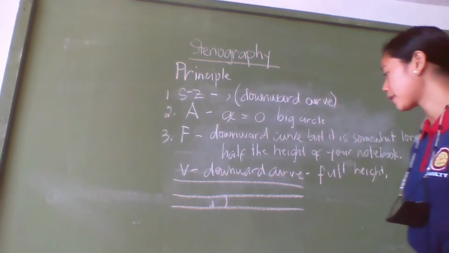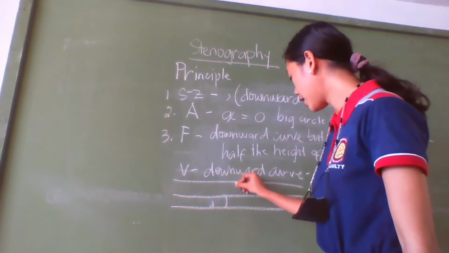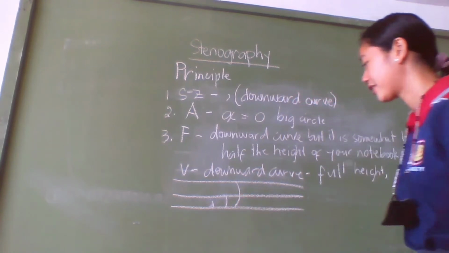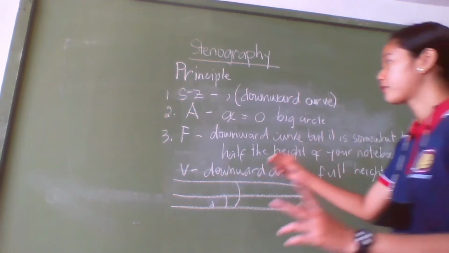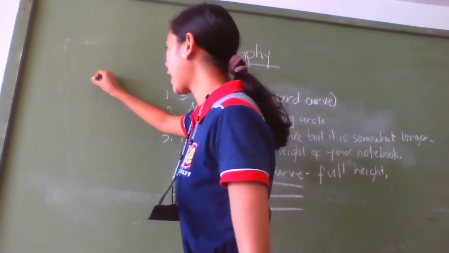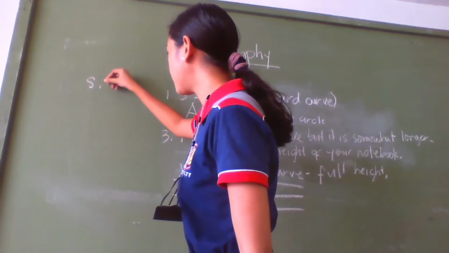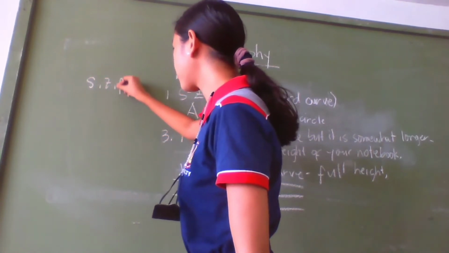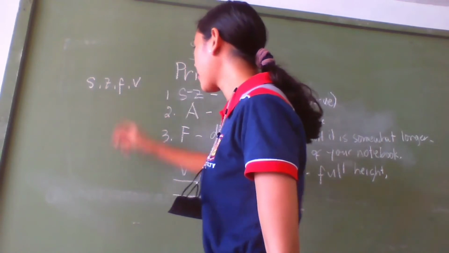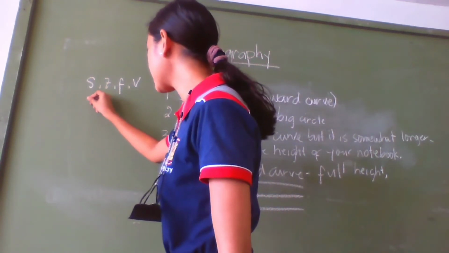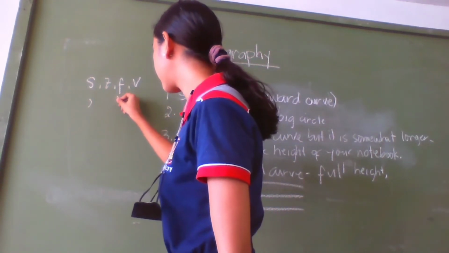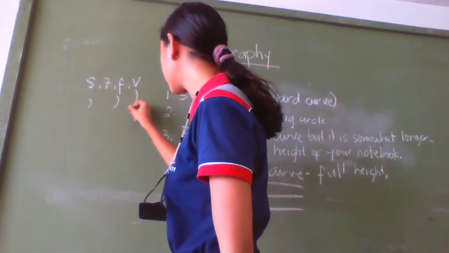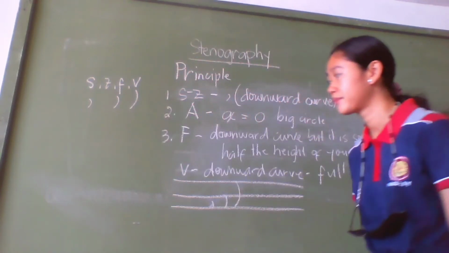Full height na siya, ibig sabihin, anak na siya kadako. Okay? So, if we combine them, S, F, and letter V, so ganito siya. S, F, and V. Okay, ganyan siya.